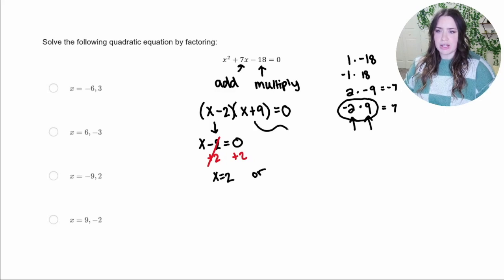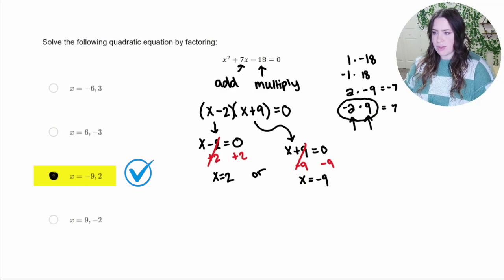Or I can look at this other scenario and say, okay, well, what if it was x plus 9 that equaled 0? And again, subtracting 9 from both sides of the equation to isolate that x is going to get x equals negative 9. So the 2 possible solutions are positive 2 and negative 9, which would be right there.